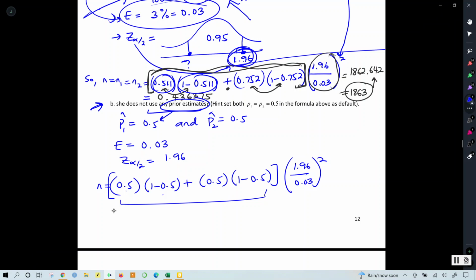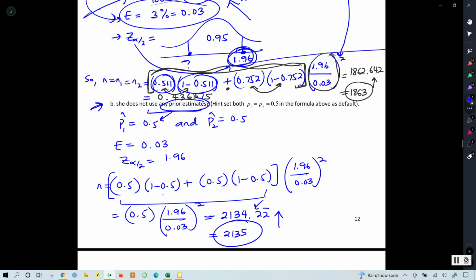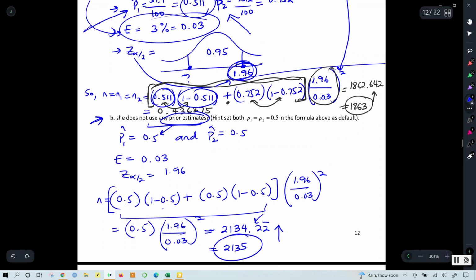So you have 0.5 times 1.96 divided by 0.03, squared, and this will be equal to 2134.222 and so on. Again, make sure you round up, regardless of the decimal. Make it 2135. Always round up. Right, that brings us to the end of that question.